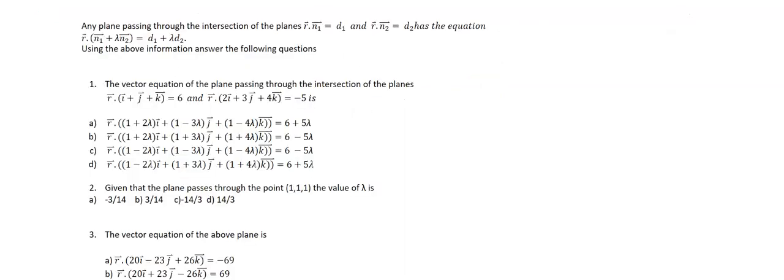Now, the given relation is r vector dot (n1 vector plus lambda times n2 vector) is equal to d1 plus lambda d2.